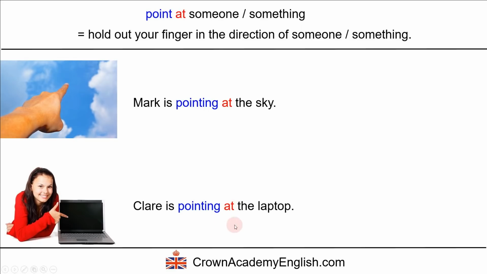Claire is pointing at the laptop. So she's holding out her finger in the direction of the laptop. So the laptop is the name that we give to a portable computer. We could also say Claire is pointing at the screen.